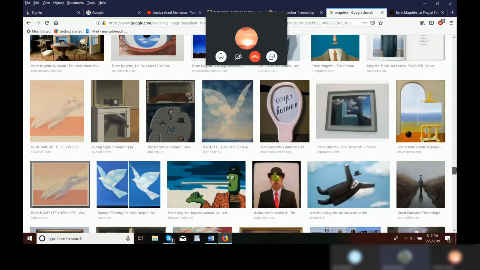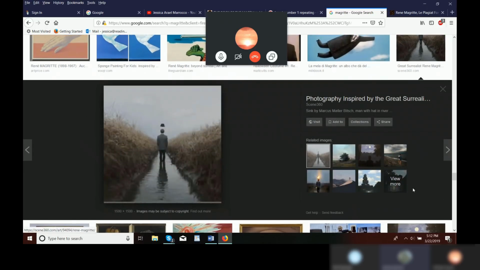Does he have a hat on top of his head? He's walking on water, or standing in water. So this is from another person, Marcus Muller Beach.